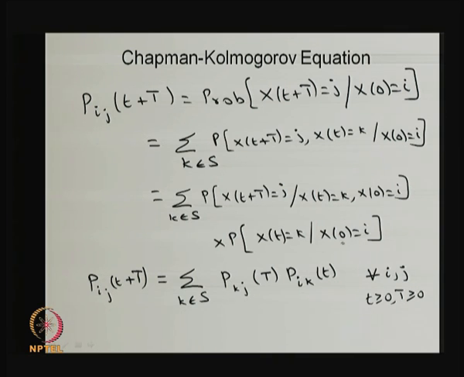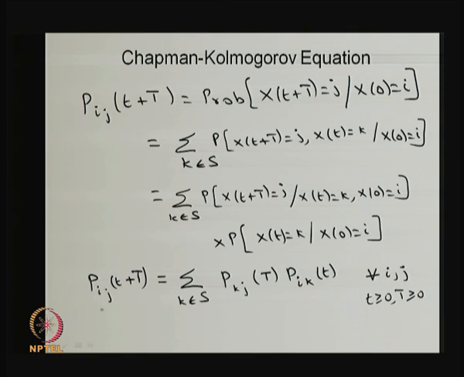The second one is a transition probability, the system moving from state I to k during the interval 0 to small t. Therefore, this is p I k of t. So this is valid for all I comma j, with t greater than or equal to 0 and capital T also greater than or equal to 0.